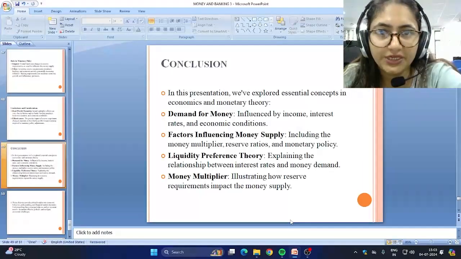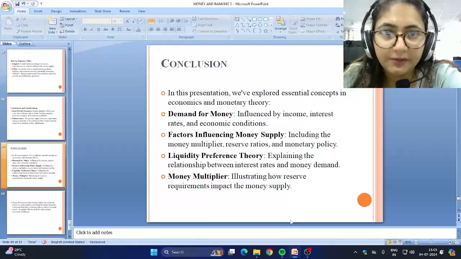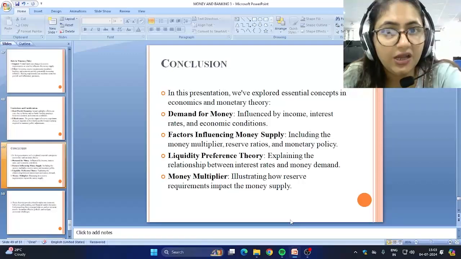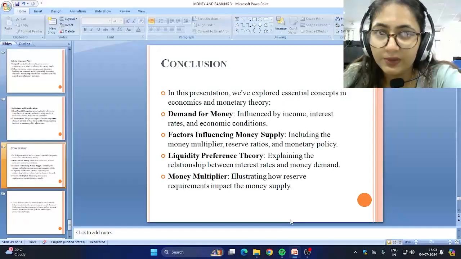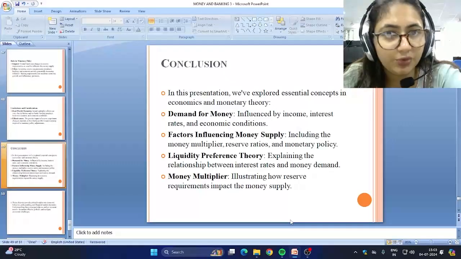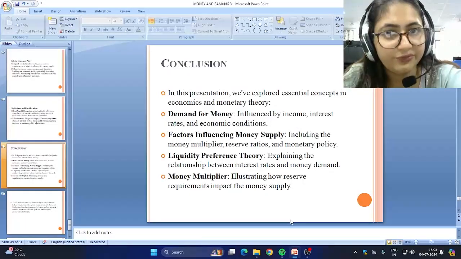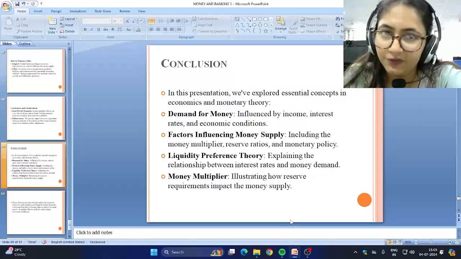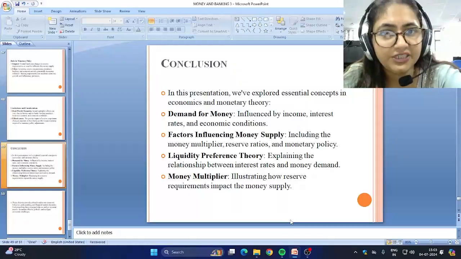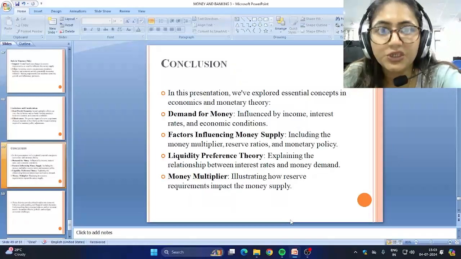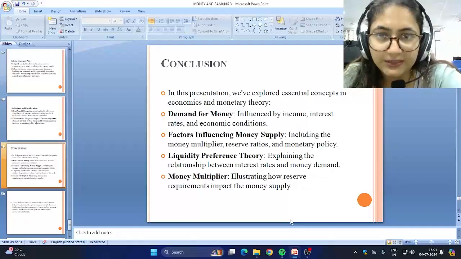We have also studied the money multiplier, illustrating how changes in the reserve requirement influence the broader money supply. By understanding the relationship between reserve ratio and lending behavior, central banks can effectively manage monetary policy to achieve economic stability and growth.